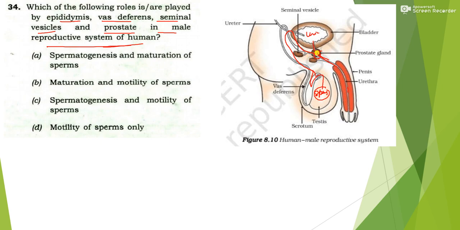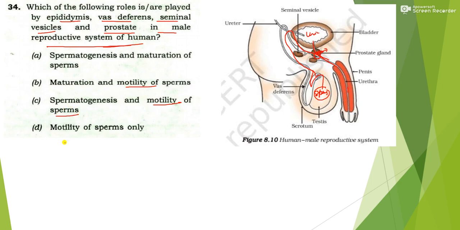So prostate provides motility to sperms. Here there are two terms, one is maturity and another is motility. Motility means movement of sperms.